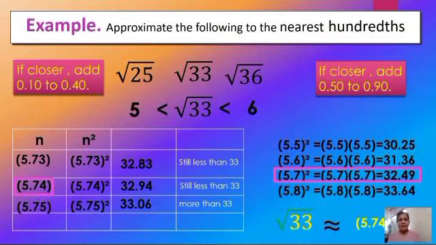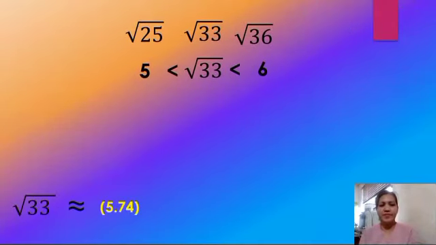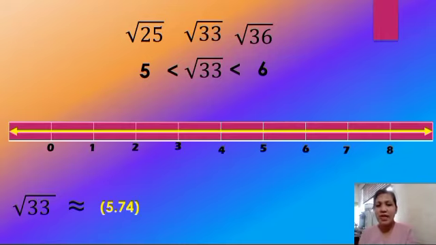Next. Paano naman natin ipa-plot yung ating points? So, again, in a number line, analyze natin. Ibig sabihin, square root of 33 will fall between 5 and 6. So, maghanap lang tayo ng puro positive na ating square number line. So, 0 papunta sa baba is negative. So, square root of 33 is possibly saan siya banda?